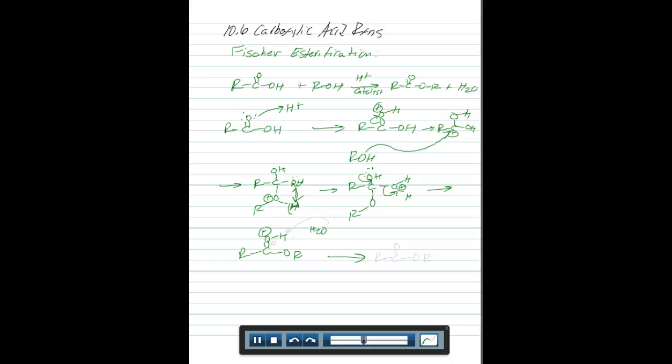Then that water comes by and plucks off that hydrogen to regenerate your acid catalyst. So that is the Fischer esterification, a reaction with carboxylic acid. What I would do if I were you is turn this off and then try to redo that mechanism on your own. Try to ingrain this mechanism in your head.